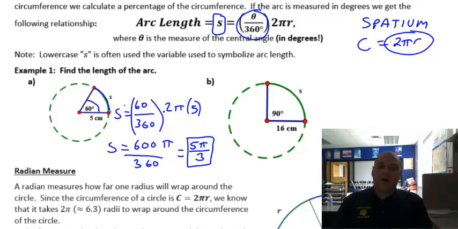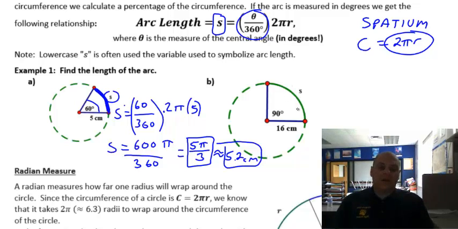The length of the arc right here would be 5 pi over 3. If I want it in decimal form, it would be 5.2 centimeters. That is the length, how long this arc is if I measured with a tape measure.